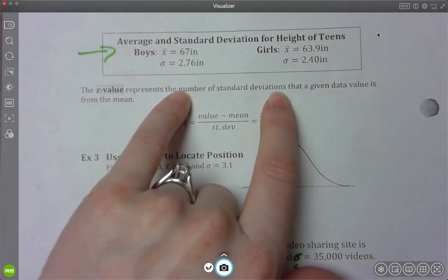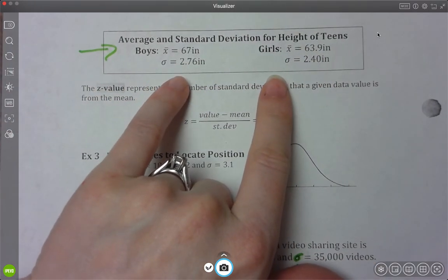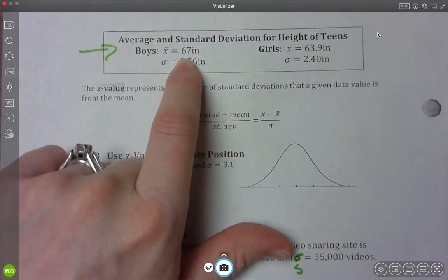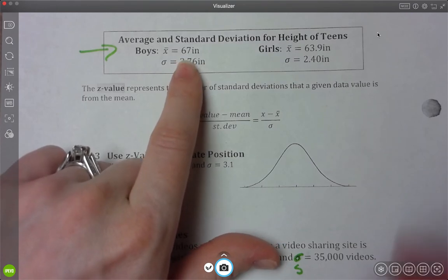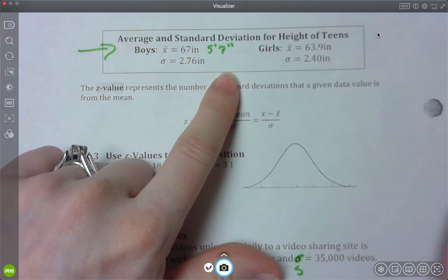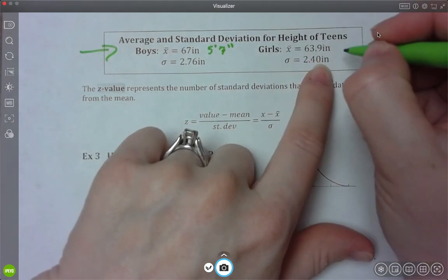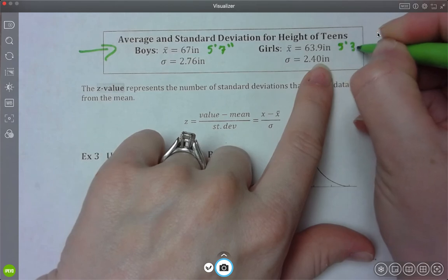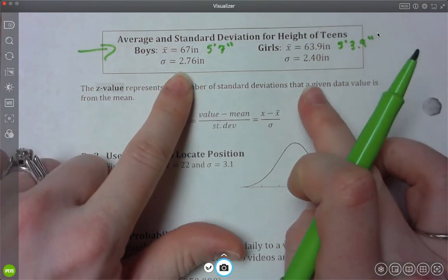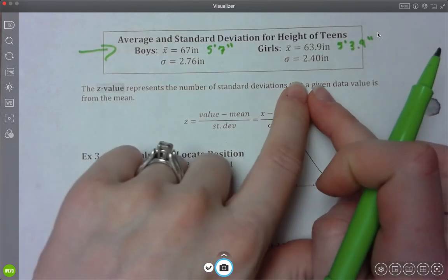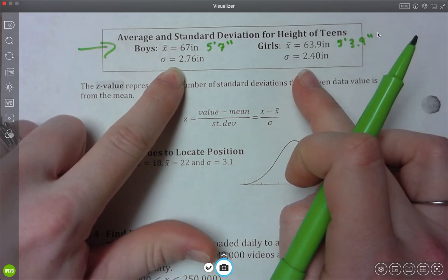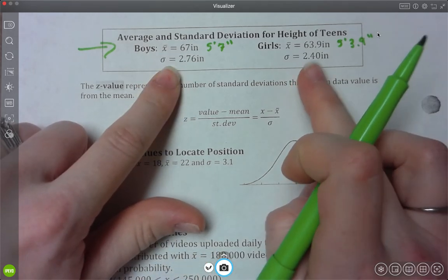We looked this up 2 years ago, so these might have changed, but this is what Google said was the average height of a teenage boy, 67 inches, which is 5 foot 7 inches, and for girls 63.9, which is 5 foot 3.9 inches. And then each one of these has a standard deviation of 2.76 and 2.4. So looking at that, this 2.76 has a higher standard deviation than this one.